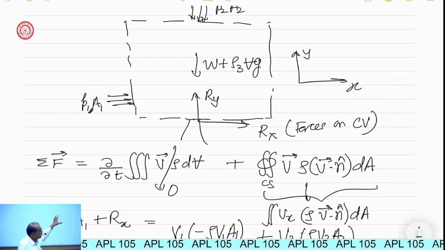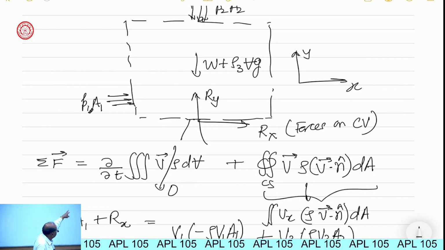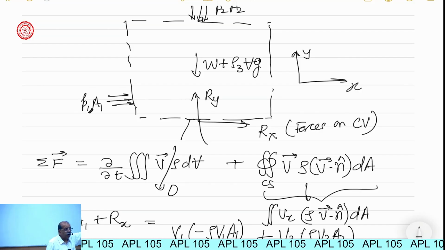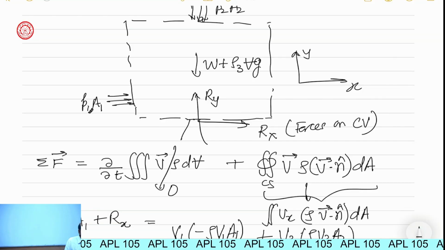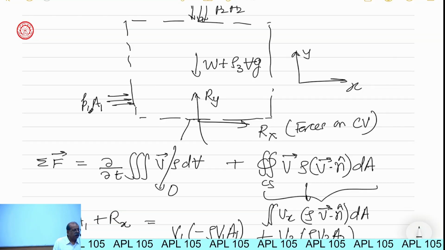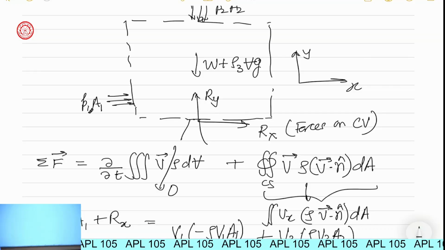Okay. Now on the right hand side, again we have V rho V dot n dA. Now for the y direction, there is only one contribution, at 2. And this is where a lot of you have made mistakes. So this will be equal to, now let's see, V2 is equal to minus V2 because it is in the minus y direction.